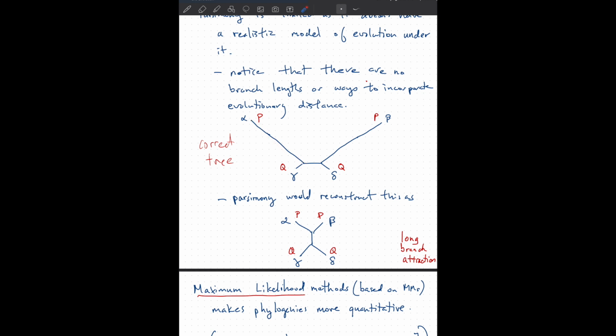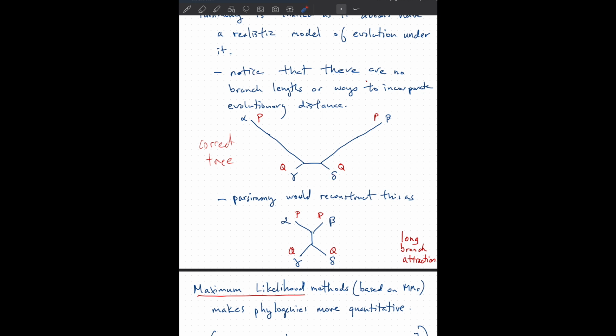So you can think of it as maybe very fast evolution, like after the Cambrian explosion. But from here, from delta to its parent, there hasn't been much evolution. Maybe these organisms have been living in very constrained environments, and so it hasn't been able to, let's say poetically, spread its wings and evolve.